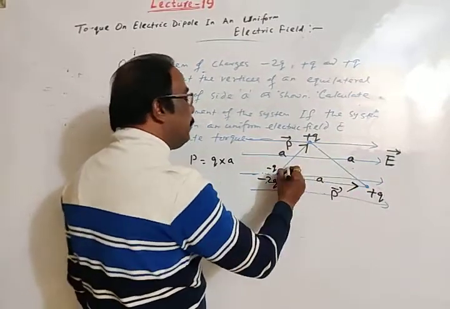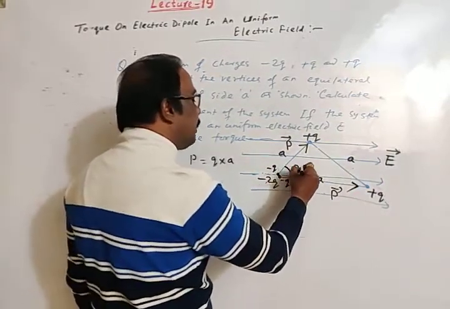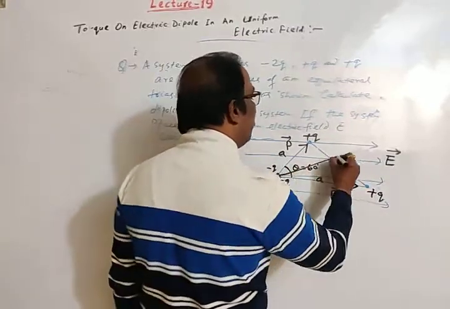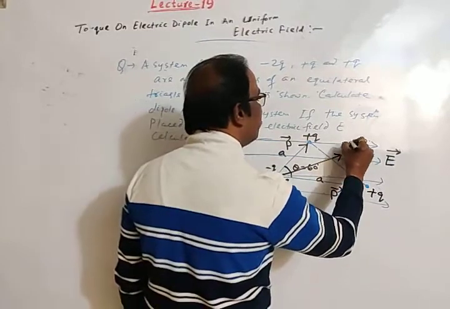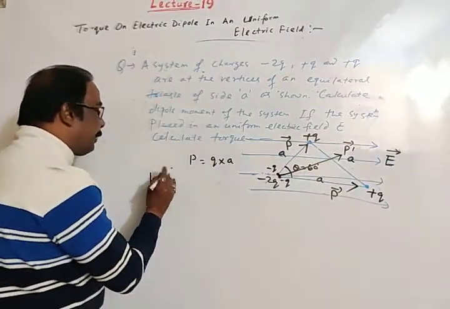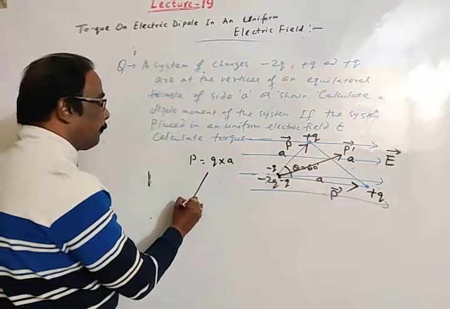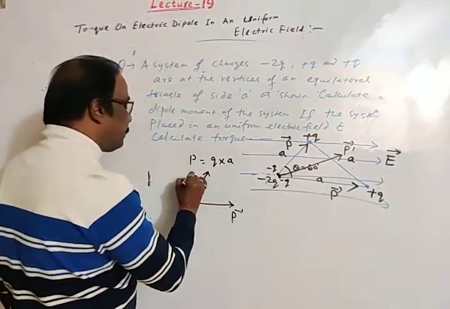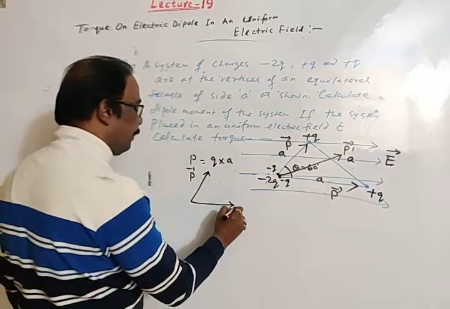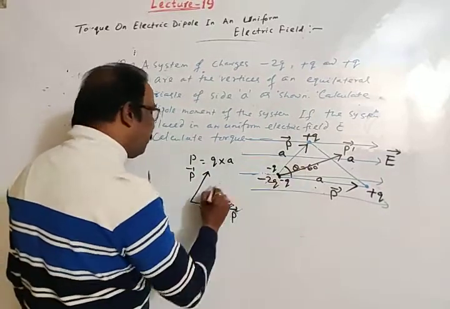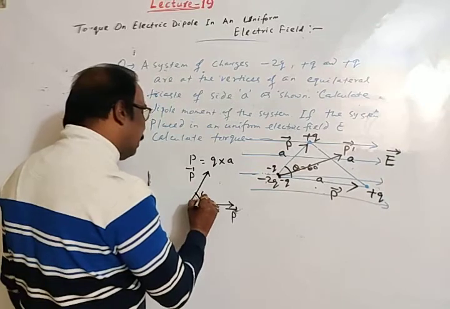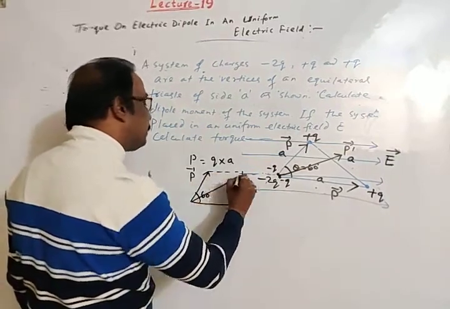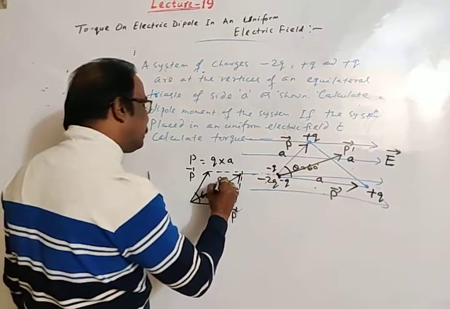Since this is an equilateral triangle, this angle theta is 60 degree. Then resulting dipole moment, if I take P dash, then magnitude of P dash I am showing here also. This is P, this is P. Angle between these two dipole moments is theta or 60 degree. Complete the parallelogram. Then this diagonal represents the resultant.